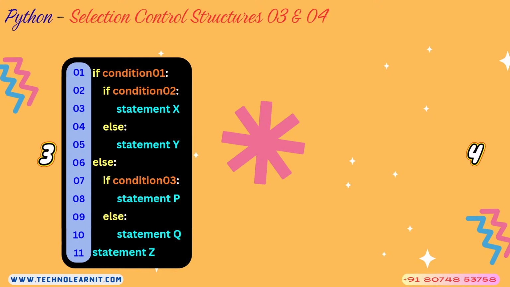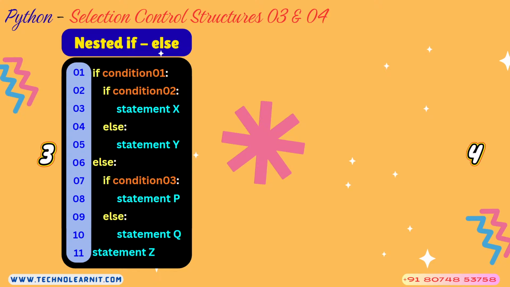And you can also write some general statements which are not related to your conditions. This is another version of how you can write the code in Python using the nested if else structure. So this is the syntax of nested if else in Python. On line number 1, you have if, and the scope of that if ends with line number 5.